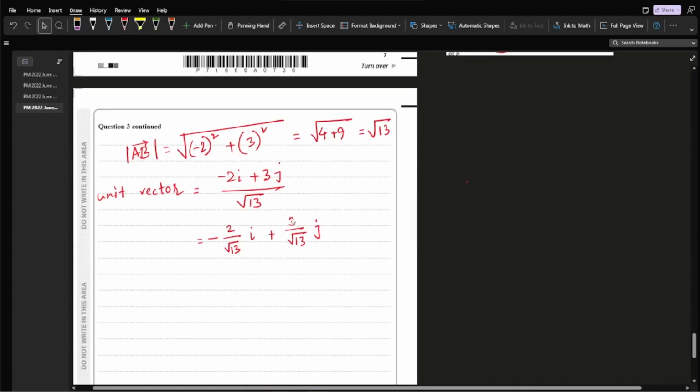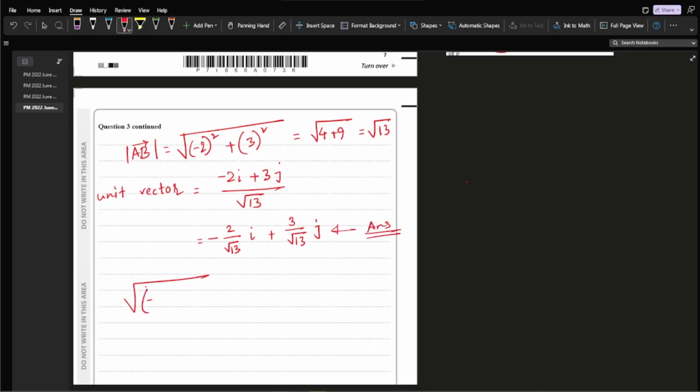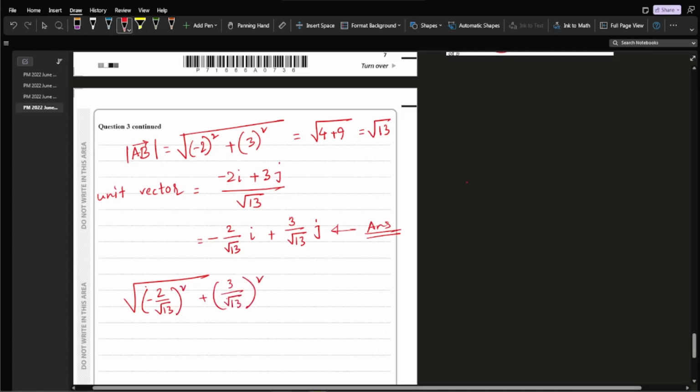You can actually check if it matches the definition. This is a unit vector, which means the magnitude of this vector should be 1. So let's check it out. This is not part of the answer, your answer finishes right here, we are just checking. The square root of minus 2 over square root of 13 squared plus 3 over square root of 13 squared.